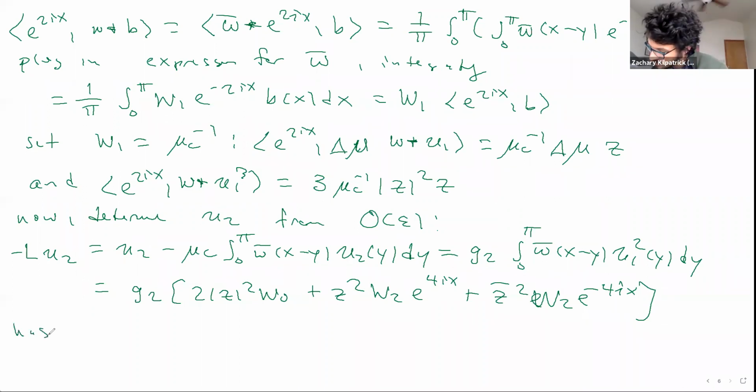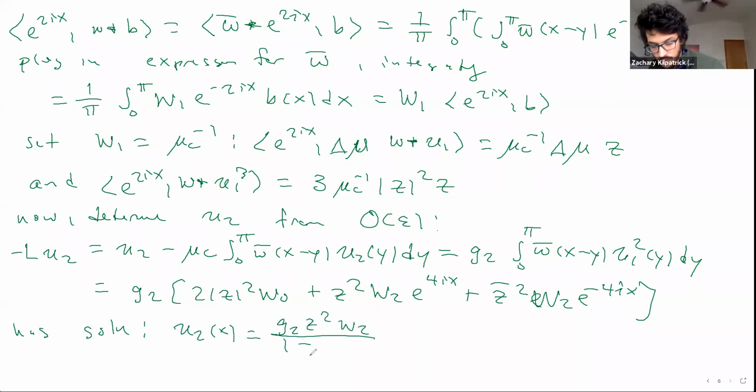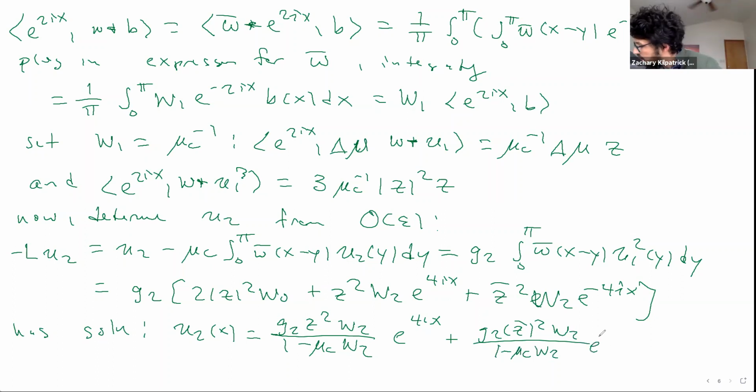And this has a solution given by u2 of x is equal to g2 z squared w2 over 1 minus mu c w2 e to the 4ix plus g2 z bar squared w2 over 1 minus mu c w2 e to the minus 4ix plus g2 amplitude z squared w0 over 1 minus mu c w0.